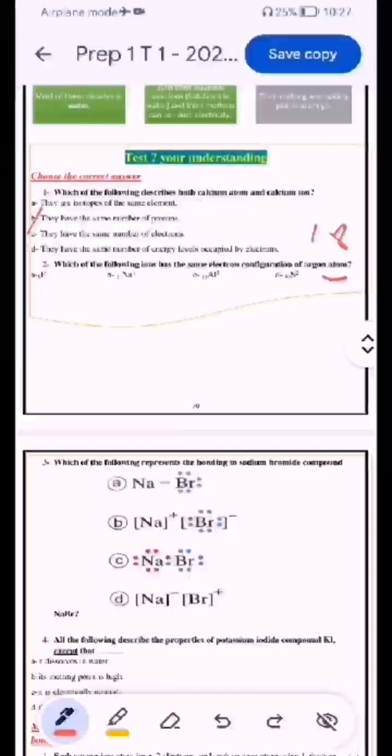Al 13 will lose the 3 valence electrons and become 10 also. But sulfur 16, with 2, 8, 6, will gain 2 electrons and become like argon atom. So the correct answer is D. Okay.